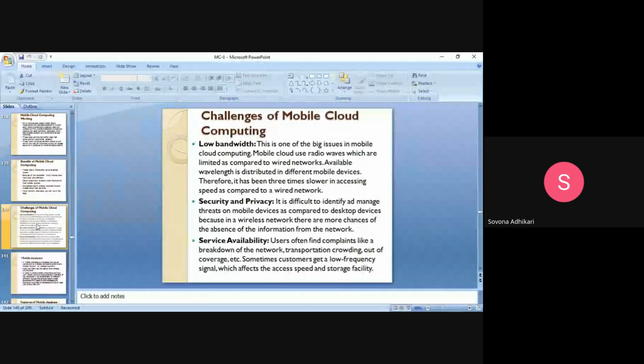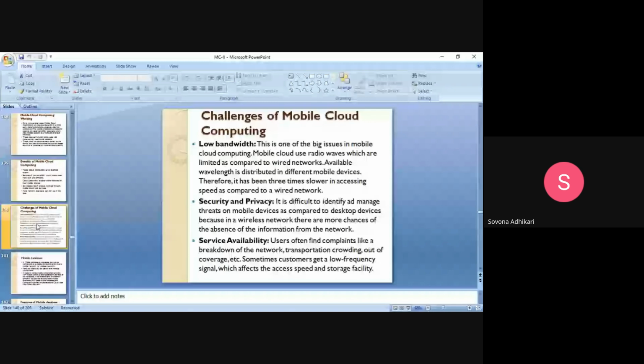Although it has different benefits and good features, as we have already discussed, it is slower. So the first drawback is low bandwidth.